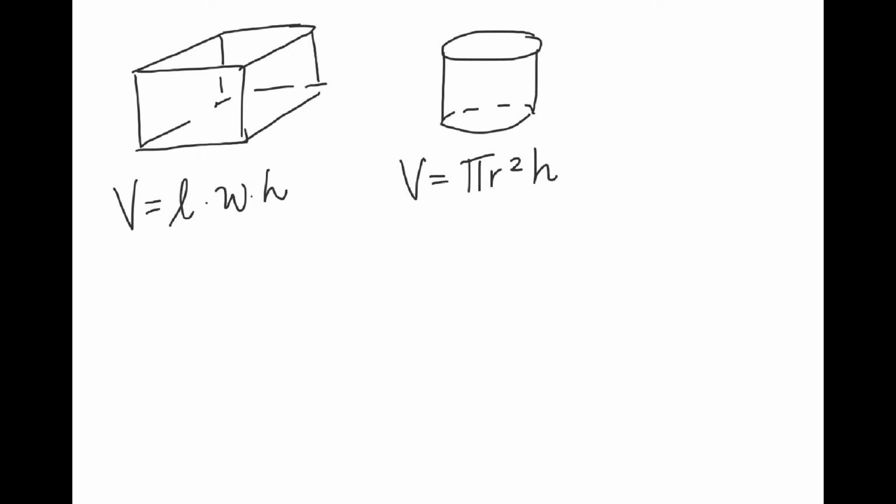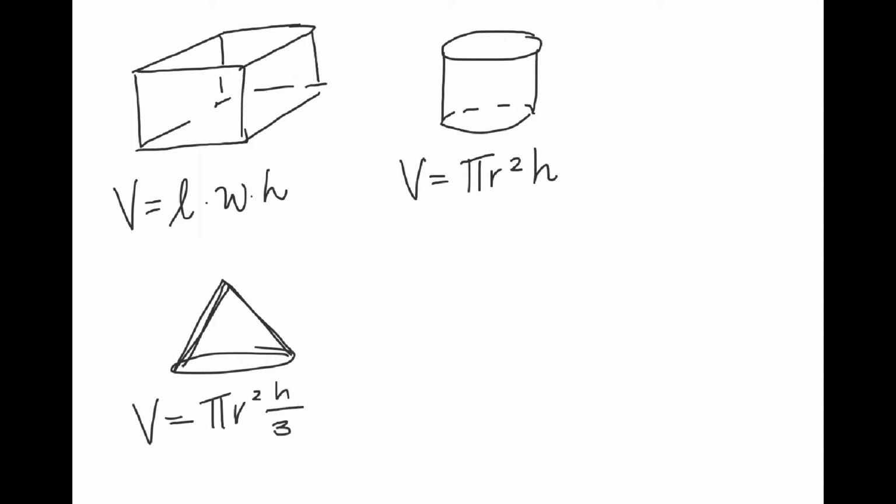All right, so let me give you some of the others. We have the cone. The volume of a cone is volume equals pi r squared h over 3.